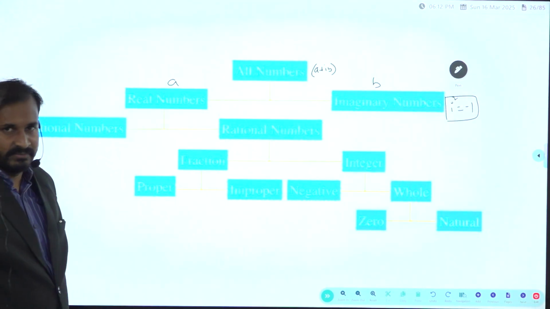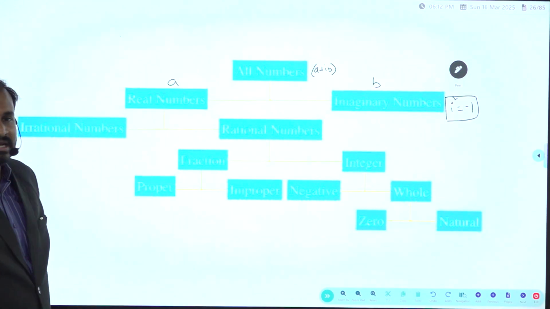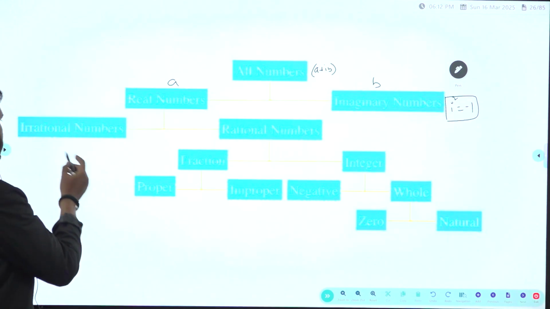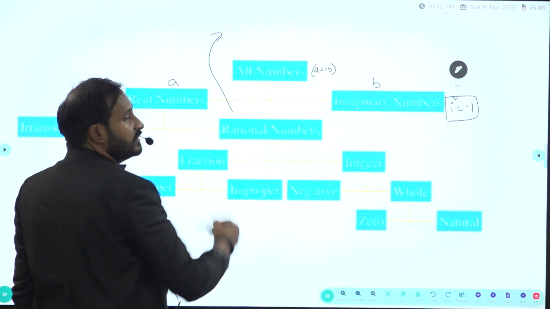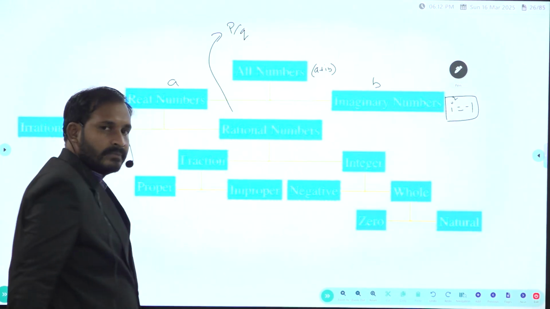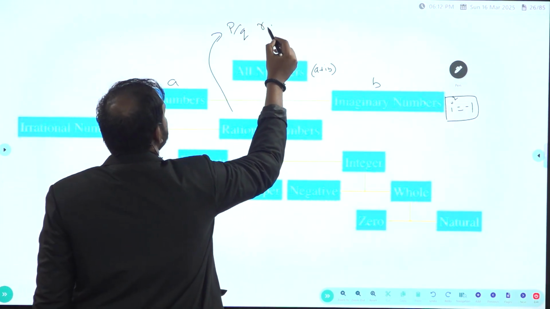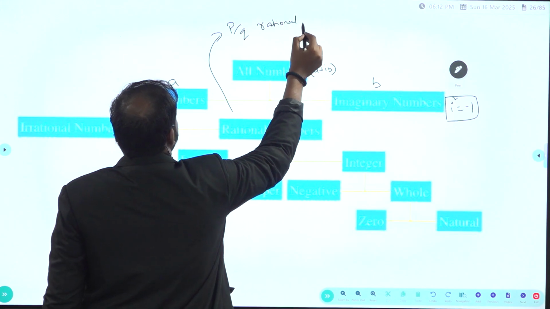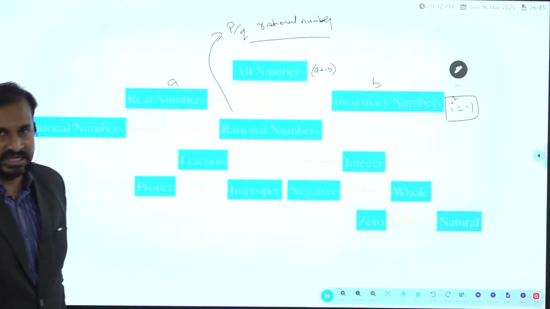Now come to these real numbers. These real numbers are further divided into two portions: one is irrational numbers and the other is rational numbers. What is meant by rational numbers? Any number which can be written in the form of p by q is called a rational number.